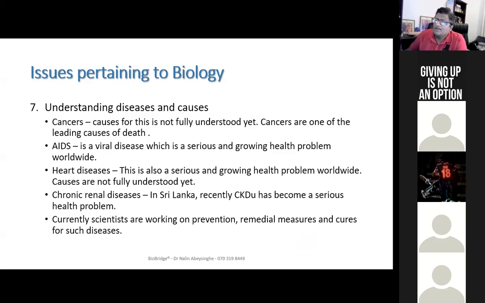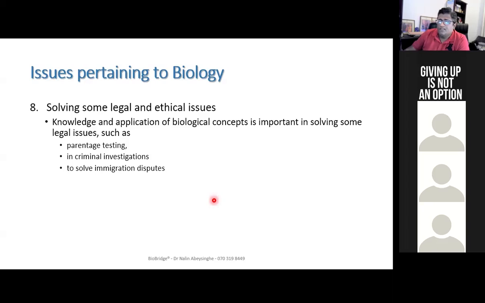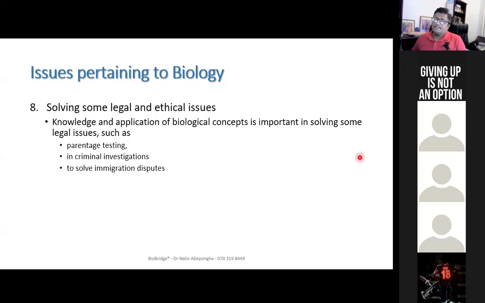Okay. Then solving some legal and ethical issues. That is, knowledge and application of biological concepts is important in solving some legal issues. Parentage testing, right?